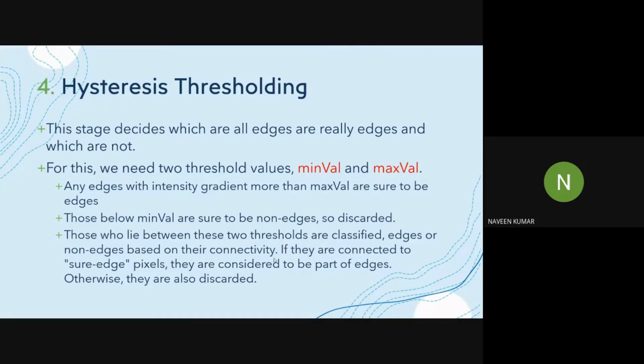Any edges with intensity gradient more than max val are sure to be edges, and those which lie below min val are sure to be non-edges. Those which lie between these two thresholds are classified as edges or non-edges based on their connectivity with sure edges. If they are connected to a sure edge pixel, they are considered part of an edge, otherwise they are discarded.